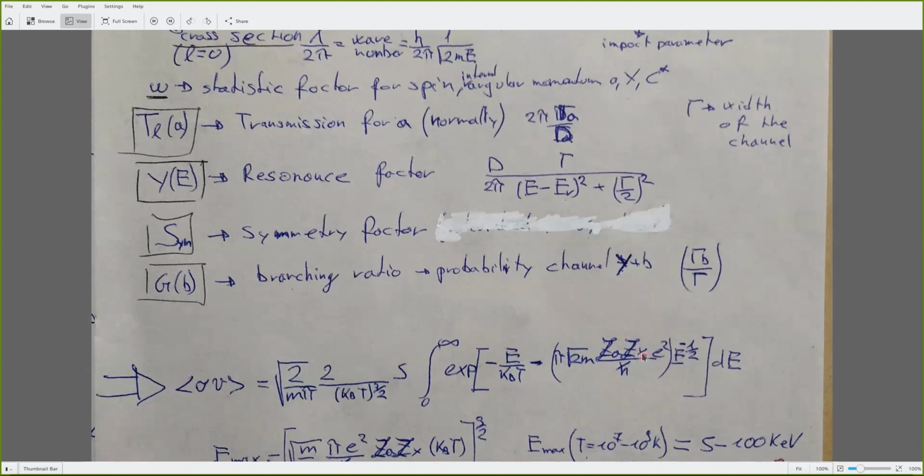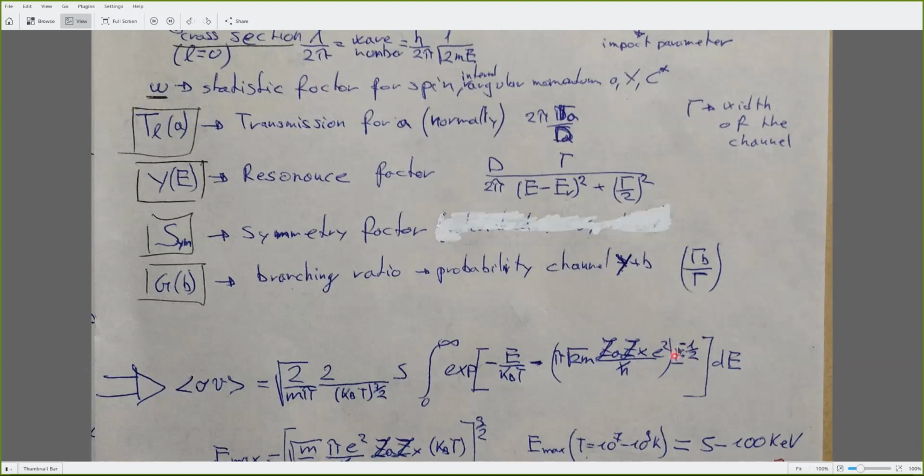Obviously it depends on the potential, because as I said, the transmission depends on the size of the potential, so it depends on the atomic numbers, the charges of the two particles, the reduced mass, and the energy of the particle, obviously.